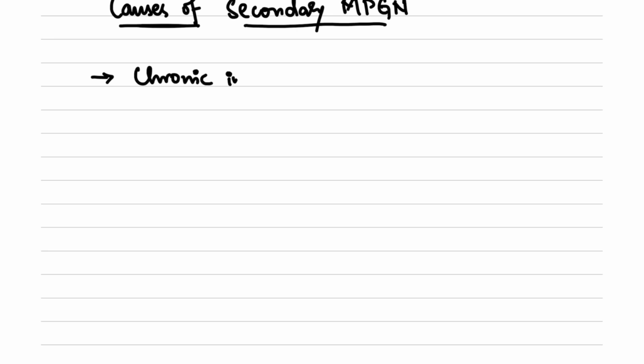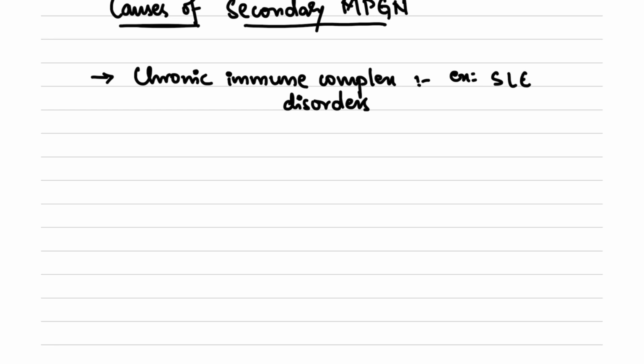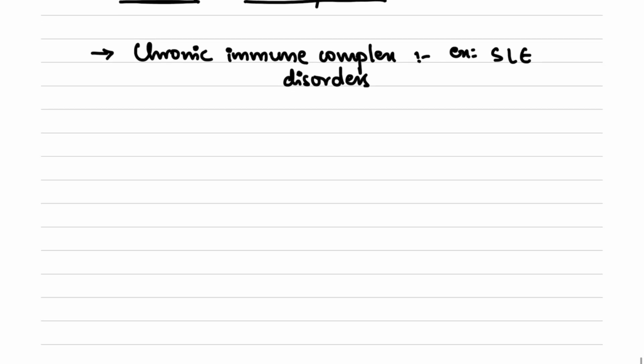Those autoimmune disorders with immune complexes, example SLE, can secondarily affect the kidney resulting in MPGN. Then we have patients suffering from hepatitis B, hepatitis C, as well as HIV.